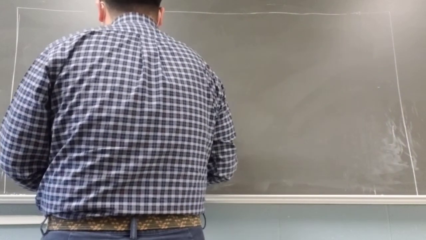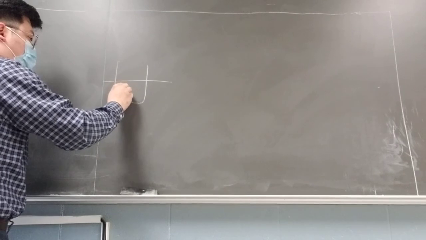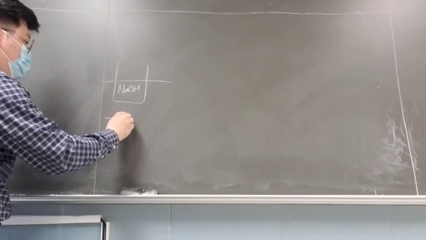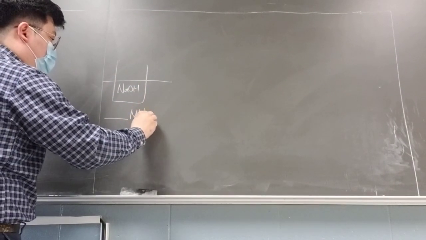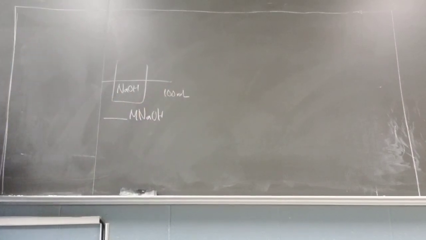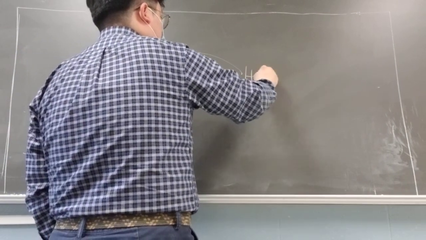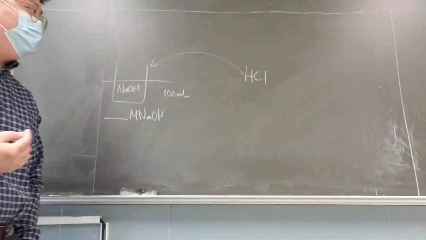So let's try to do NaOH. You have an unknown concentration of NaOH. It's about 100 mL. So you have 100 mL of this, and you're titrating it with HCl. This is also the counterpart to each other.